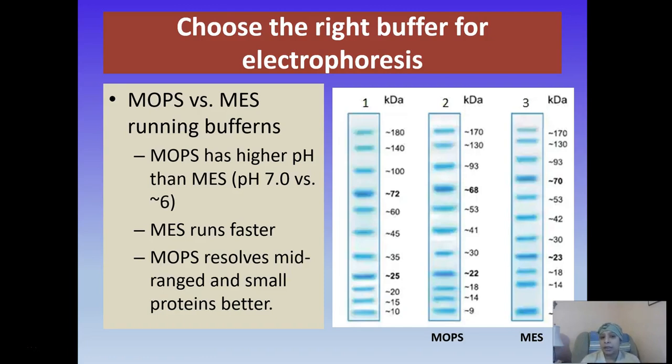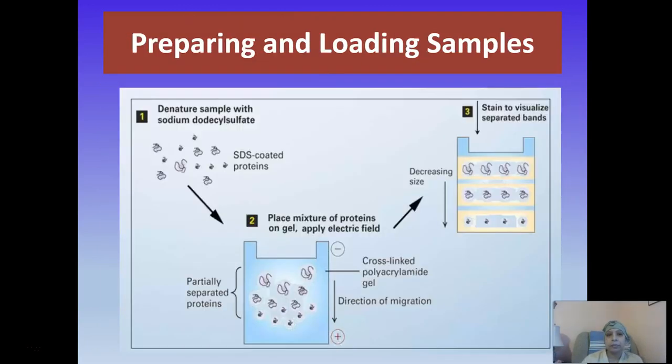MOPS has a higher pH than MES. MES runs a lot faster, but MOPS resolves the mid-range proteins a little bit better. MES is going to run those smaller proteins specifically a little bit better. So those are important decisions that we need to make in order for our samples to be best resolved.